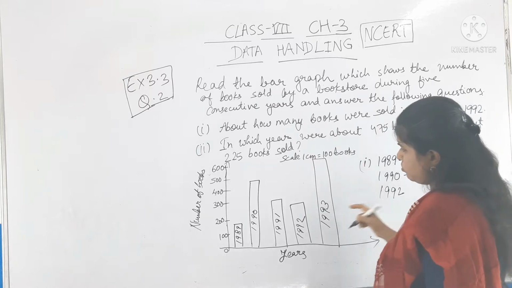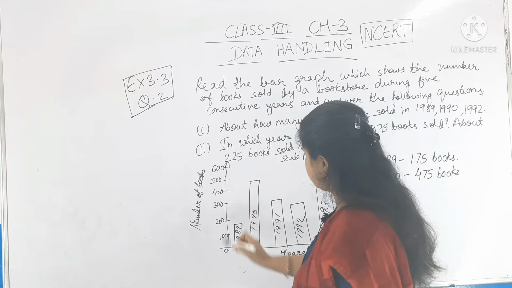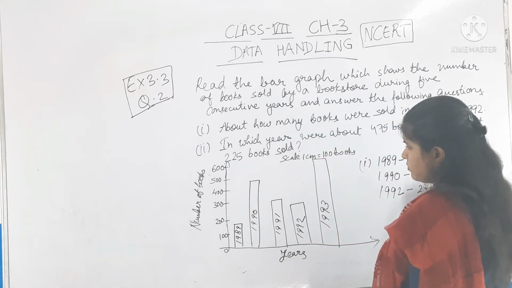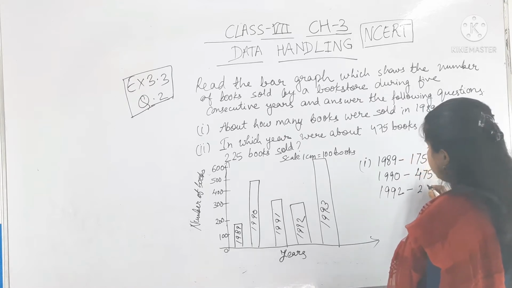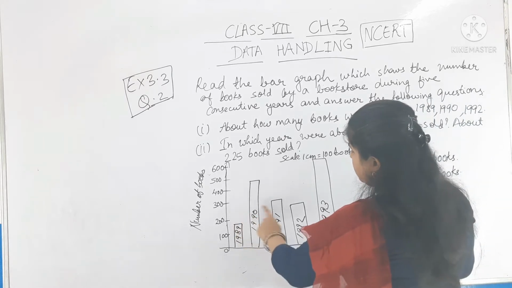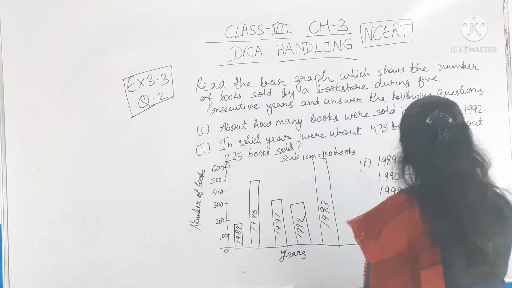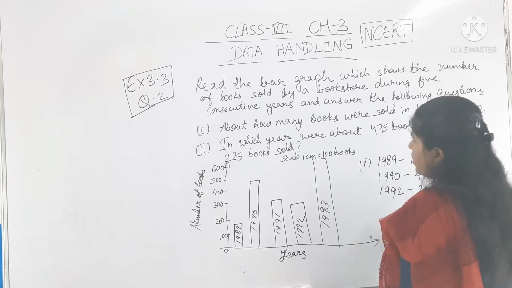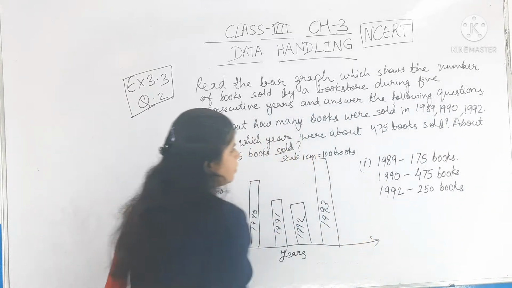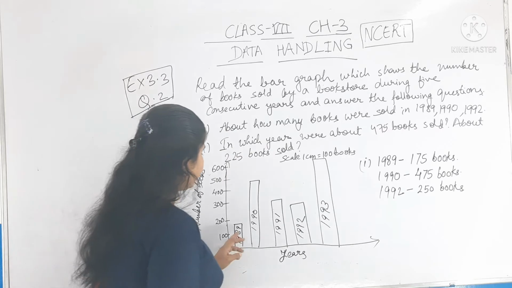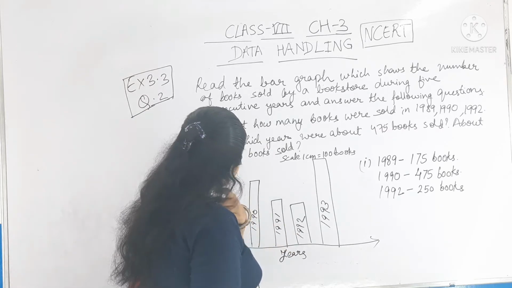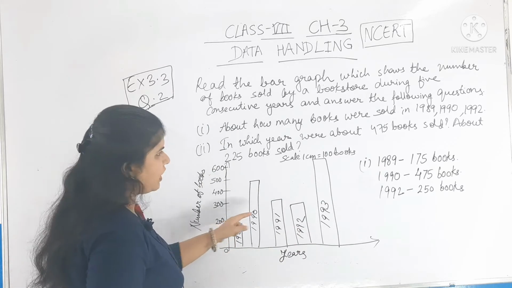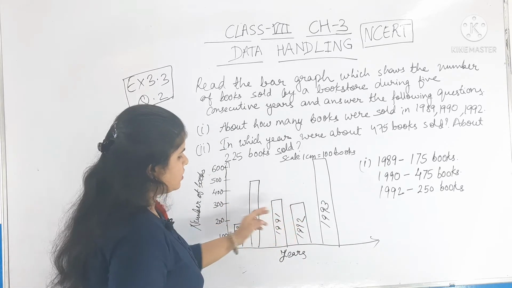In 1992 you can see it is between 200 and 300, so it is 250 books. Okay, so this is part 1. It is approximate. It is 175, 475 and 250.